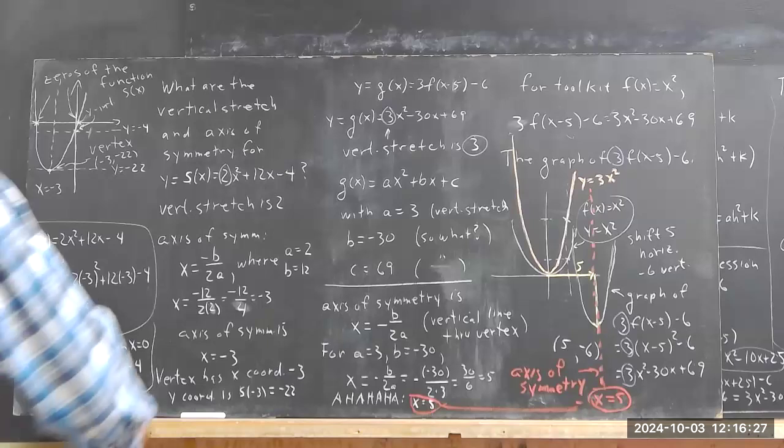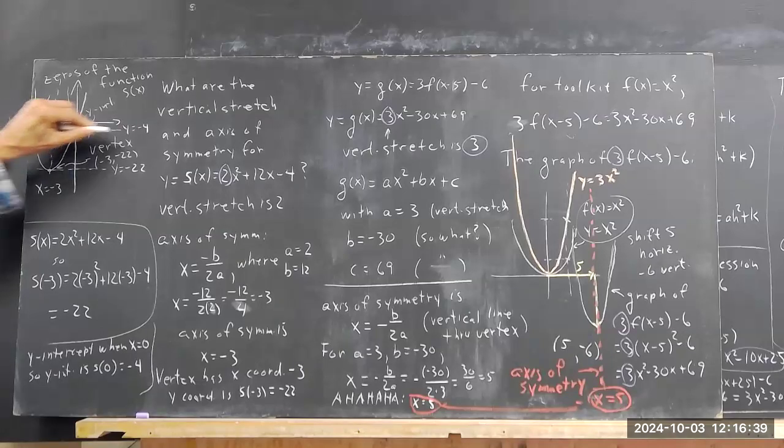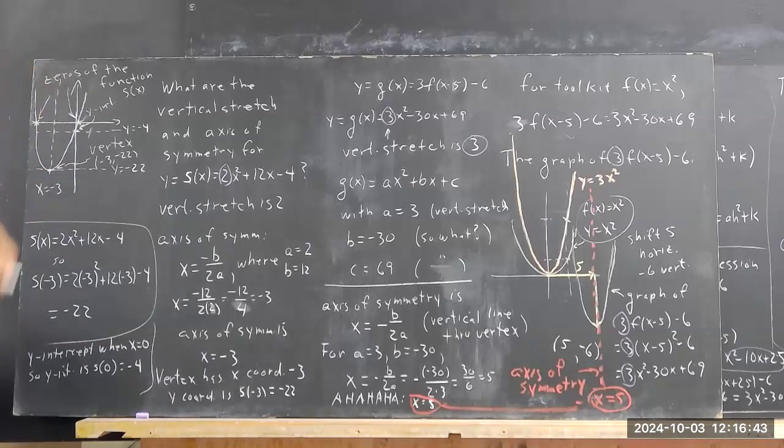Okay, well, we got estimates. Some people wanted to estimate x equals 0. Now, from where you're sitting, it probably looks that way, but the graph goes through the y-axis at y equals -4, and after that it's to the right of the y-axis. It's not all that far to the right.